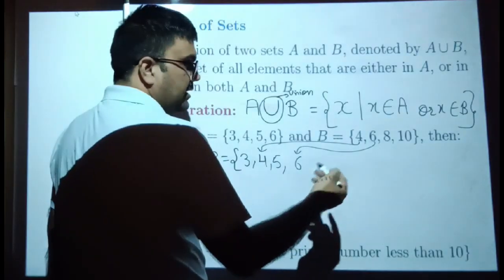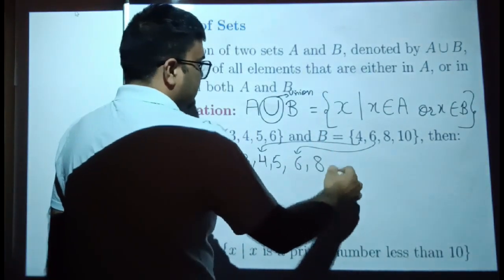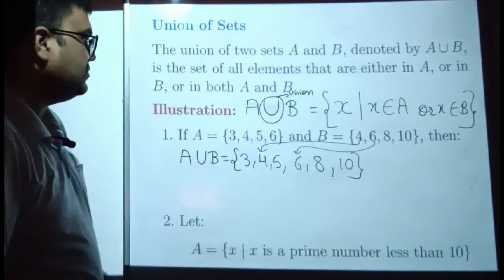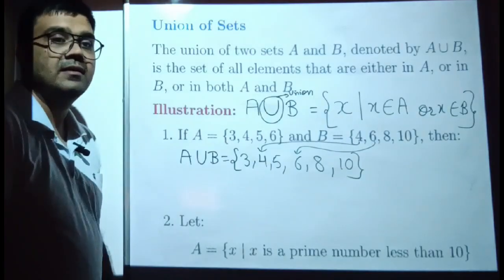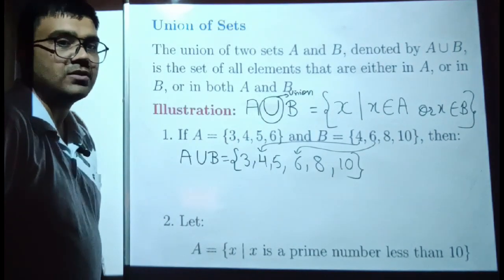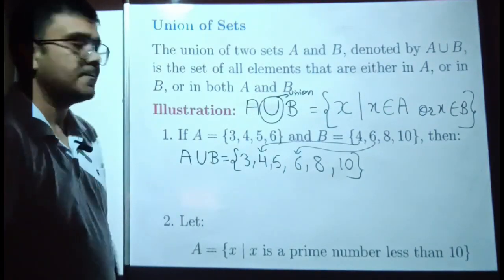There is no need to repeat the elements because it is a set. Repetition has no meaning here. Then 8 and then 10. So these are the elements that we have for the set A union B.